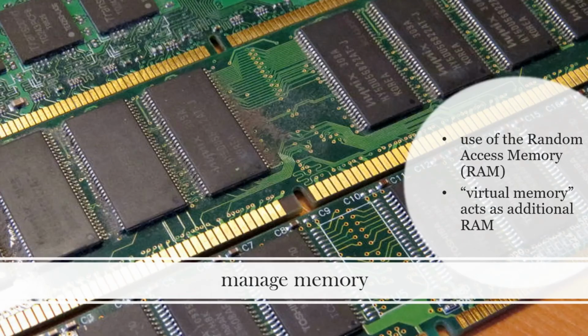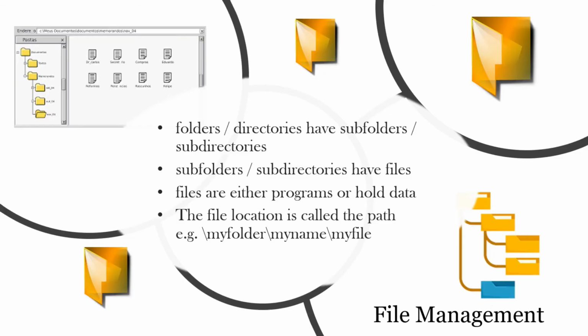So we manage memory, we use the RAM, random access memory, like the chips that you can see here, and we can also use virtual memory that acts as additional RAM, such as on your hard drive. We have folders on a computer. Other operating systems call these folders directories.